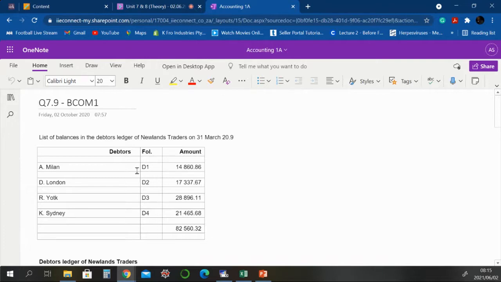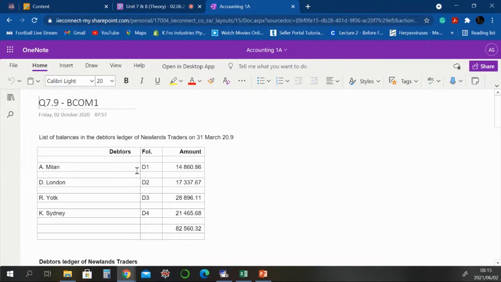The business is a registered vendor, and it is the policy of the business to buy only from vendors who are able to provide tax invoices. April 2009 is the business's third month of trading. And the following list of balances appeared in the books on 31 March 2009.